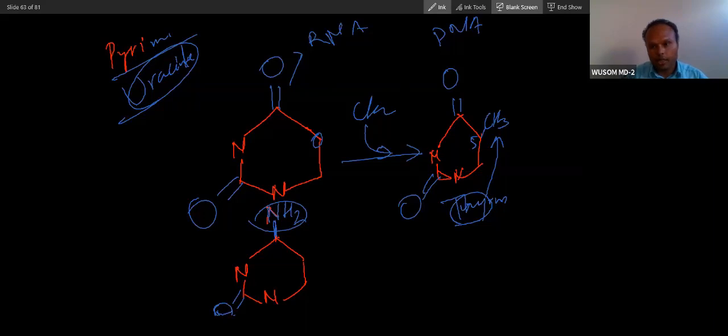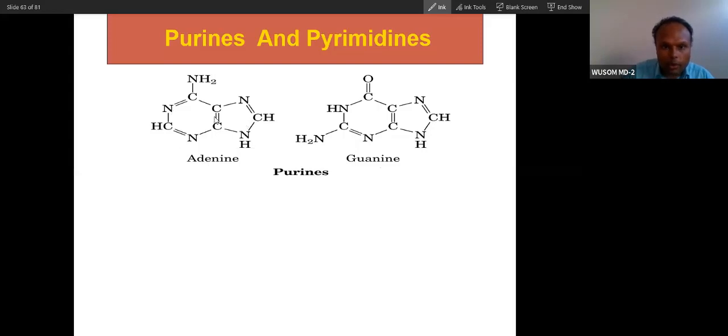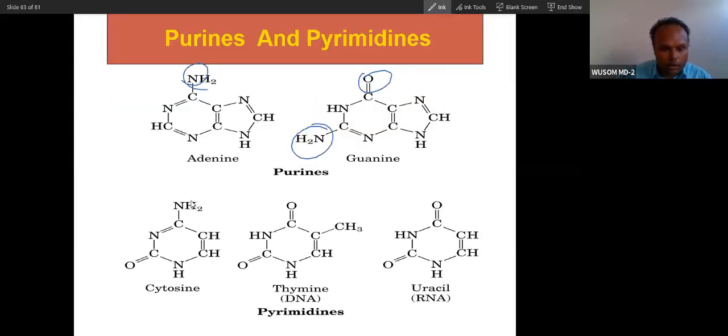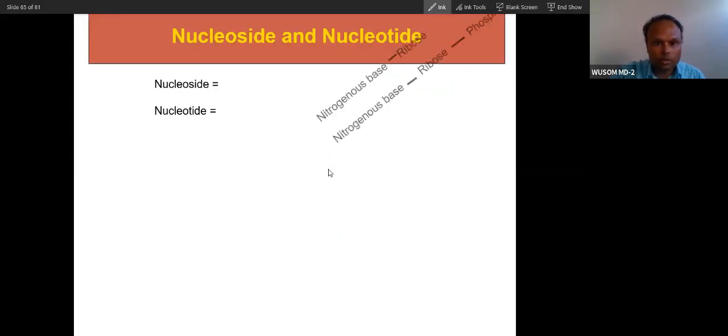You will not find uracil deaminase or thymine deaminase. We will require this structure during conversion of these molecules to each other. So you can remember adenine here, and then cytosine and uracil here. Methylated uracil is thymine at the 5th position. And cytosine has NH2, just replace one with NH2. If you remember this group, it will be very easy for me.